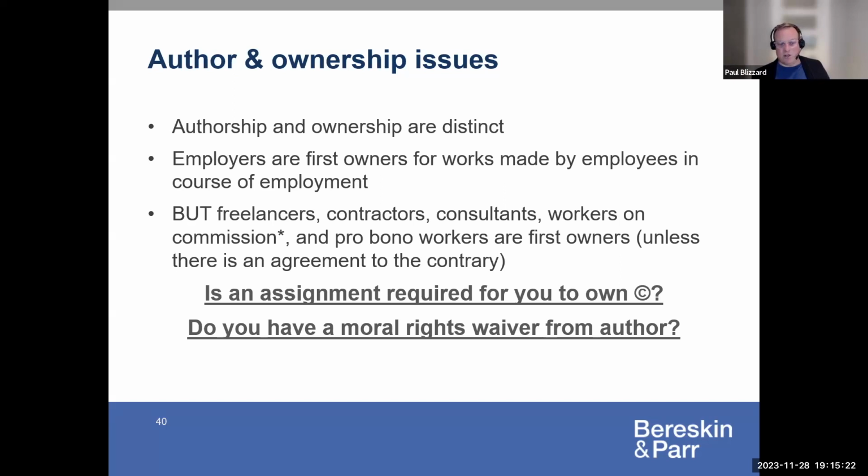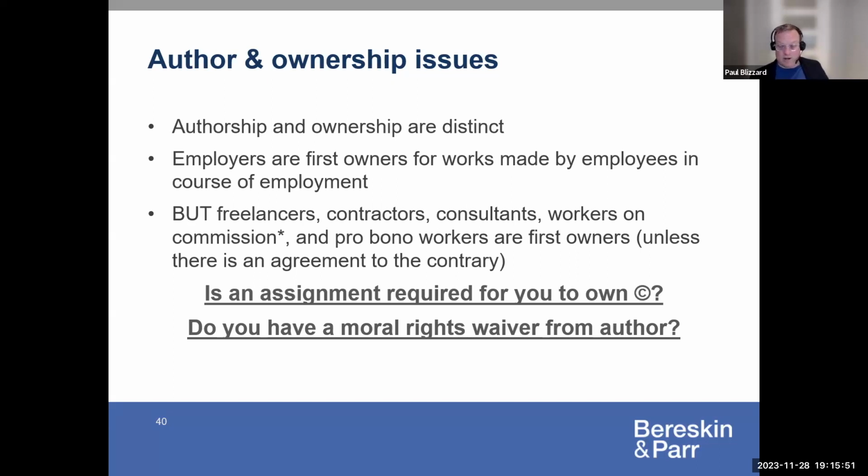The creation of works by those people may require, as a best practice, getting an assignment of those rights to you at the end. Another thing that gets overlooked is that in Canada an assignment is a contract, so you'd have to have a nominal contract. I'd recommend getting a lawyer to write it.